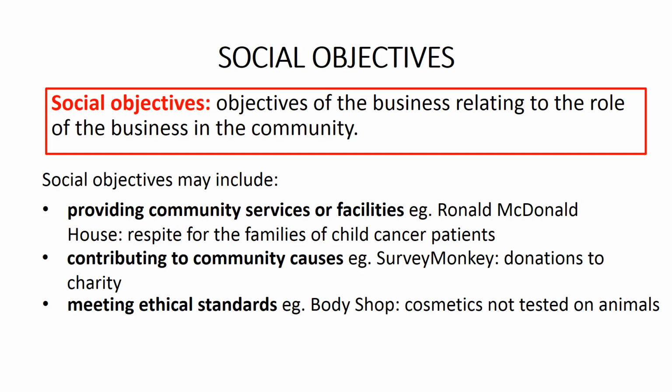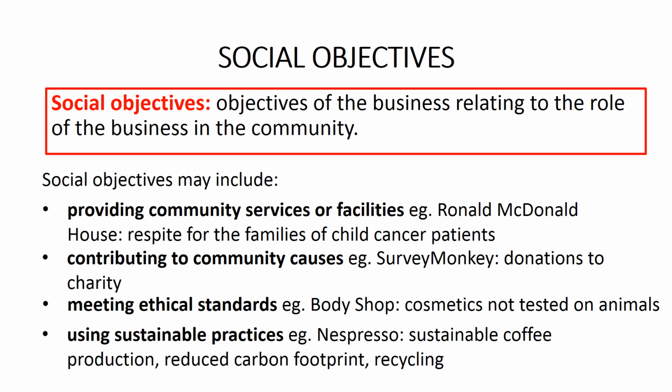Finally, social objectives may include using sustainable practices. An example here is Nespresso, which is a business that grows coffee and packages that coffee in pods that can then be put into coffee machines to produce the coffee drink. When Nespresso establishes a coffee plantation, for example in South America, it says that it does not cut down rainforest to plant the coffee plantation.